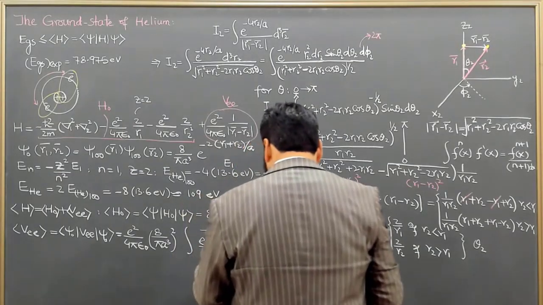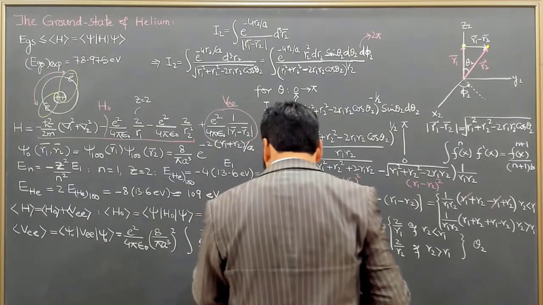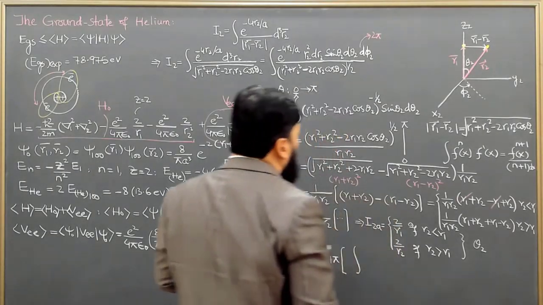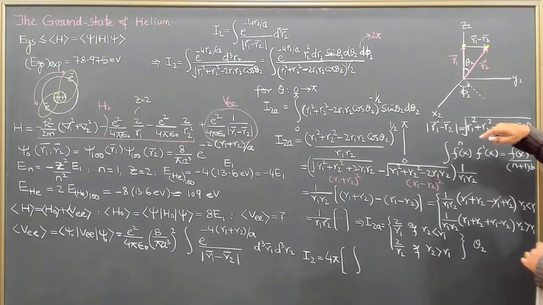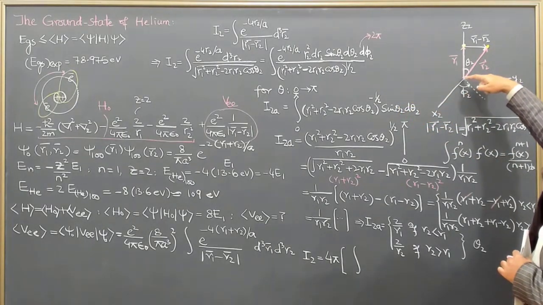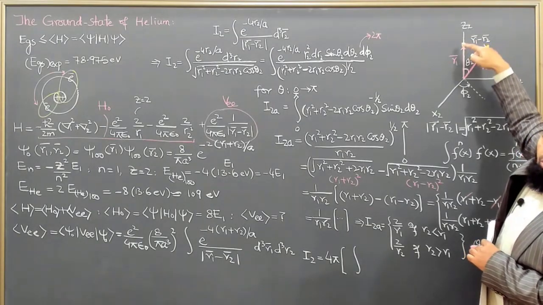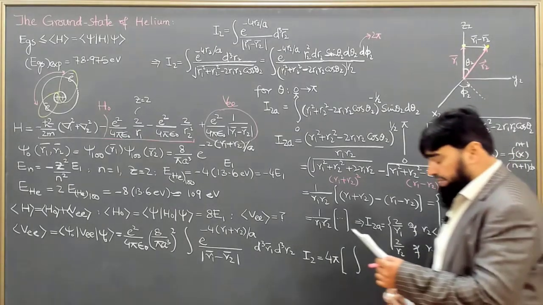the integral, and the first integral will be on R2. First we will move R2 from 0 to R1, and then from R1 to infinity, the limits of the integral.